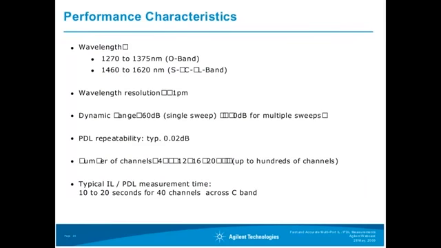In total, now I would like to summarize the performance characteristics. This system has been designed to work in both windows, the 1.3 window and also the 1.5 window, so the SC and L band. And depending on settings, we can achieve wavelength resolutions far better than 1 picometer. And as we have seen, the dynamic range in a single sweep is 60 dB, but it can be much larger if we also go for multiple sweeps.